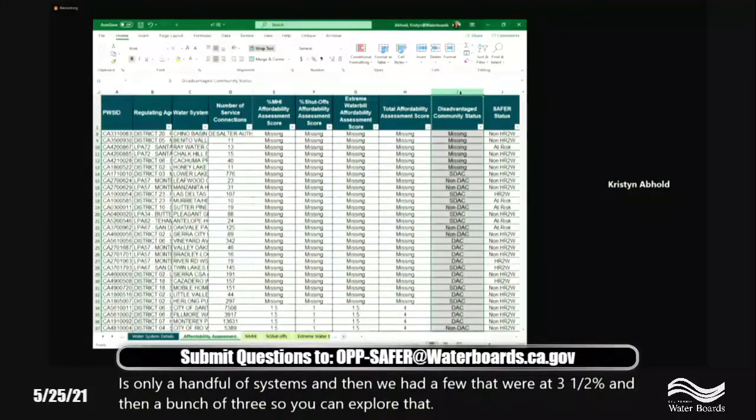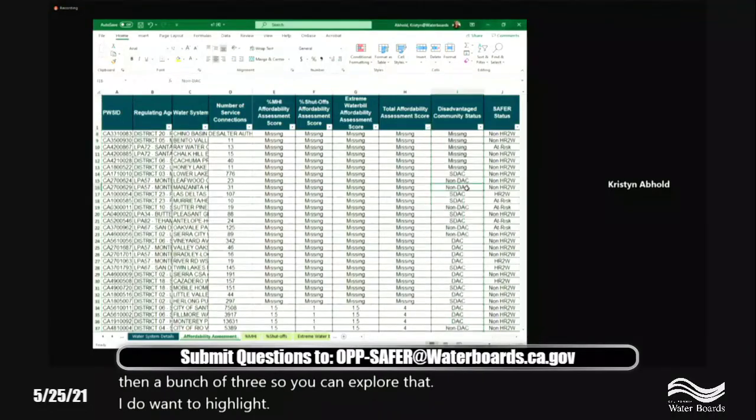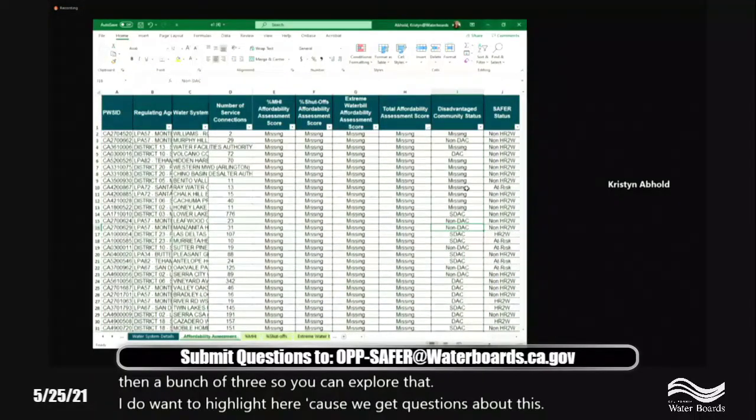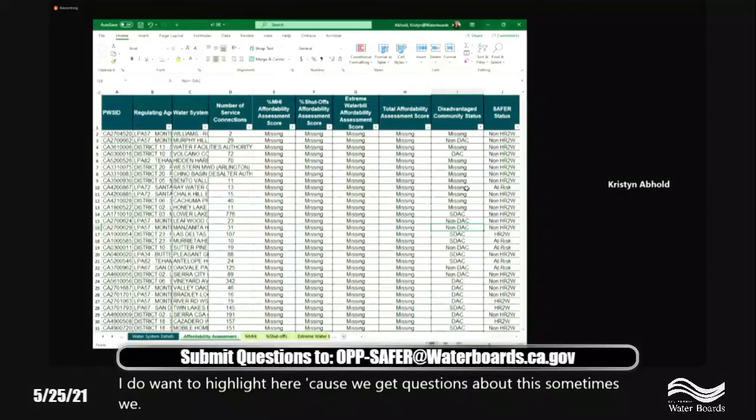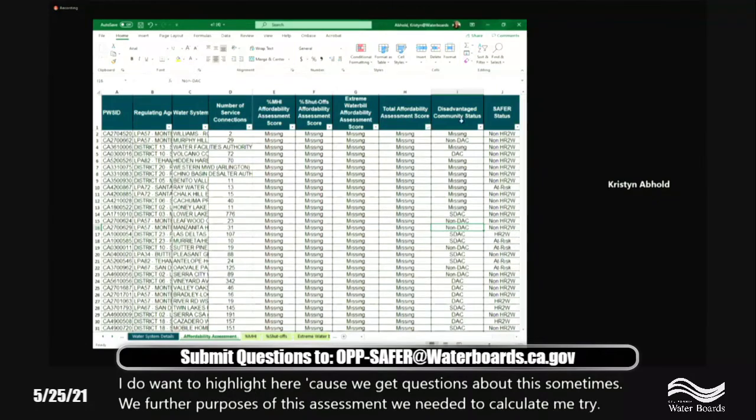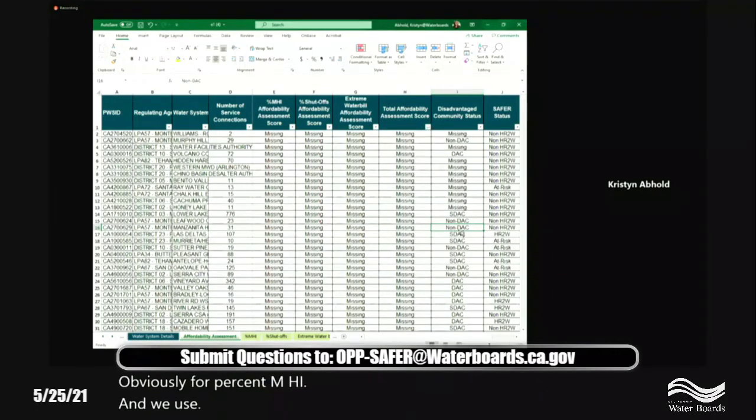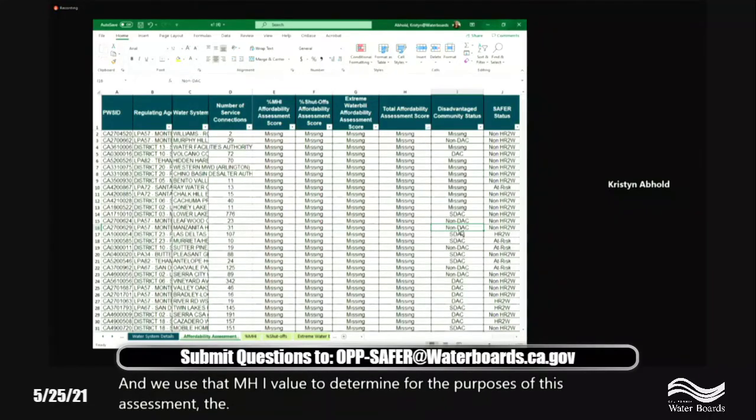I do want to highlight here, because we get questions about this sometimes. For the purposes of this assessment, we needed to calculate MHI, obviously for percent MHI, and we use that MHI value to determine the DAC status of that water system.